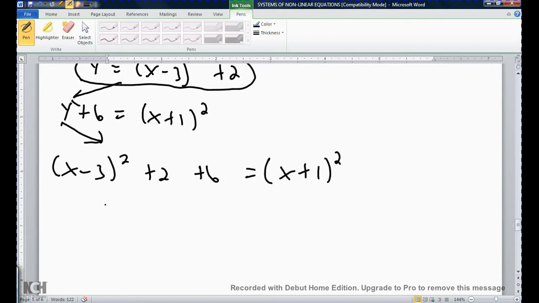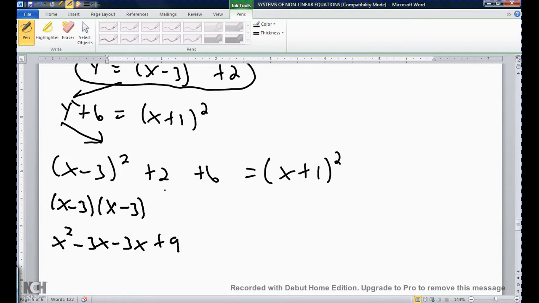From here I'm going to clean it all up. This x minus 3 squared is the same as x minus 3 times x minus 3. I'm going to foil that out. So you get x squared minus 3x plus 9.